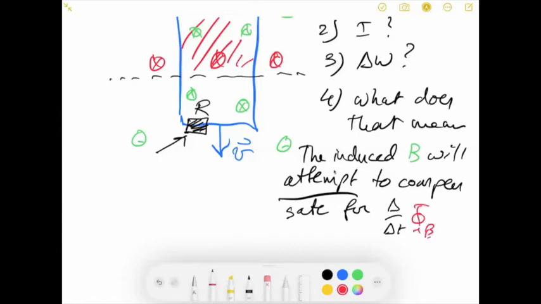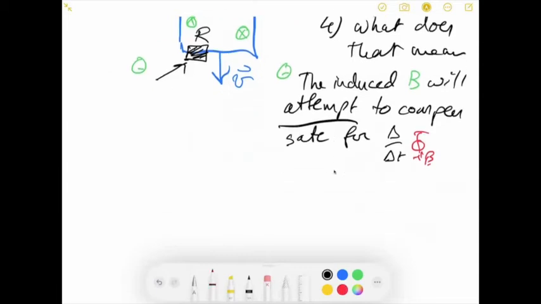So you've probably seen this before. That's Lenz's law.